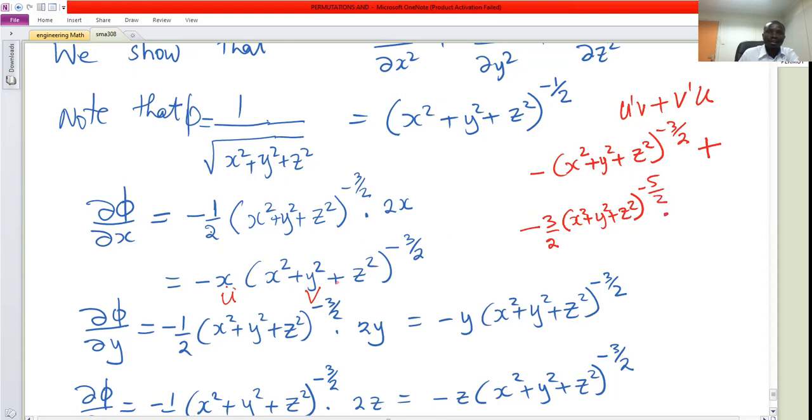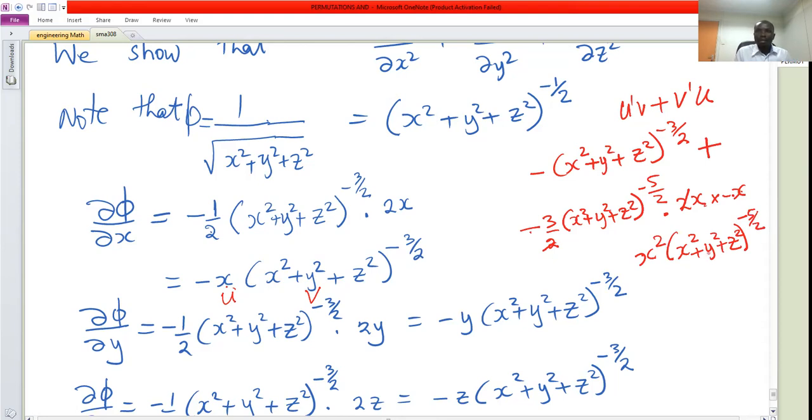And then differentiate again what is inside with respect to x, and we get 2x. And then this answer we have here, we multiply by negative x, which was our u function. So the 2 and the 2 cancel out, and this negative and this negative give us positive. So we'll be adding x by x, which is x squared, into (x squared plus y squared plus z squared) raised to power minus 5 over 2.